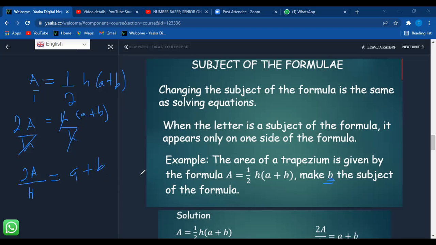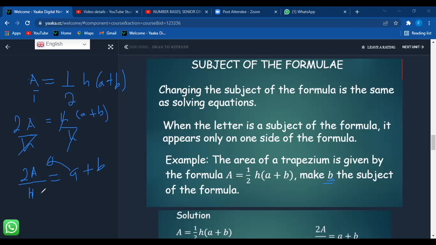So our aim is to remain with the B. So what did we do to the a? We are going to take the a to the left-hand side.